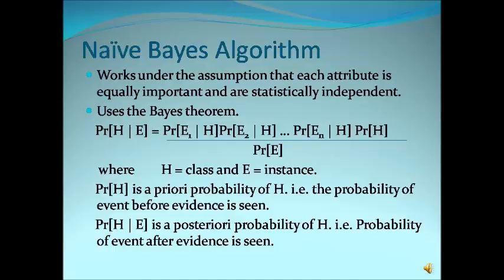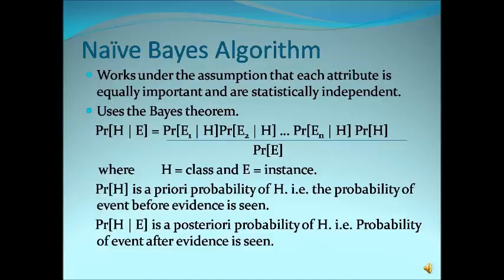And that continues till we get all the probabilities of the attributes given the class. And then that's multiplied by the prior probability, also known as the a priori probability of H. And that's all divided by the probability of the evidence.